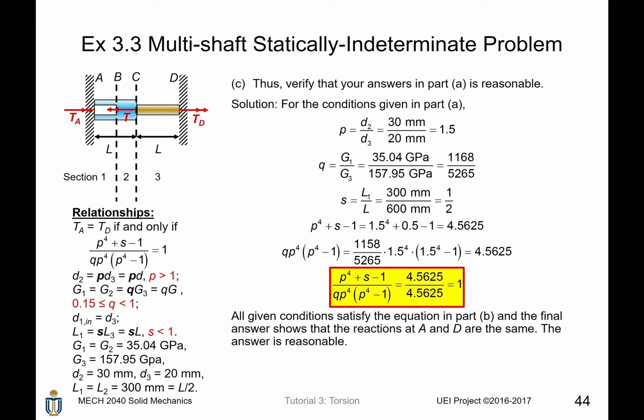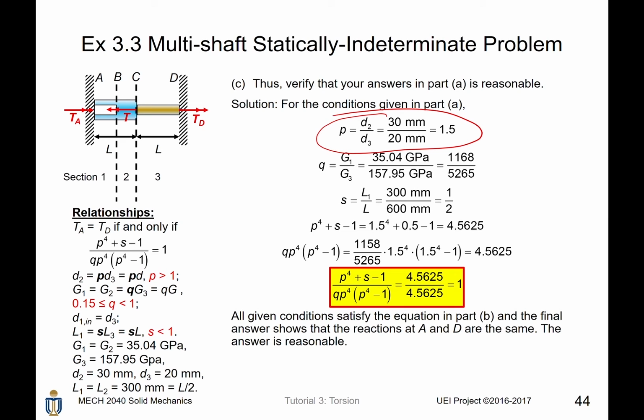In part C, we are going to verify that our answers in part A are reasonable. It is shown in part A that the reactions at A and D are the same. Now we are going to use the result in part B to verify that it is reasonable. First, check the ratio between D2 and D3, which is the ratio between the blue bar and the brown bar.